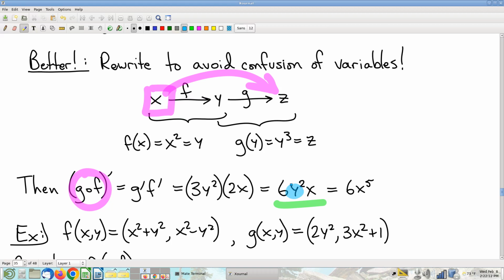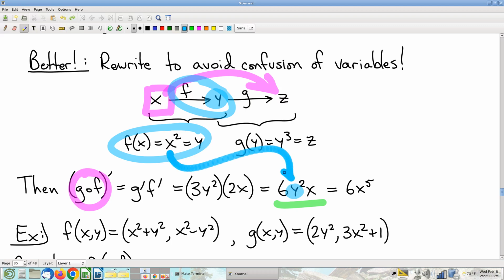That shouldn't be there. I need my answer to be just in terms of x. So how am I going to rewrite y in terms of x? Oh, right. y, the thing that goes into g, is the thing that comes out of f, namely x squared. Plugging that in for y, your final answer then is, again, correct.